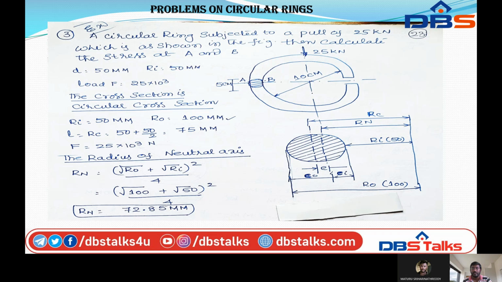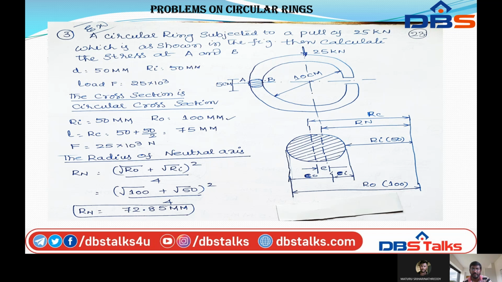Rc is the distance to the central axis. Small e is the distance between the neutral axis and the central axis. Next, Ci is the distance between the inner fiber and the neutral axis, and C0 is the distance between the neutral axis and the outer fiber. R0 is the distance from the central line to the outer fiber.